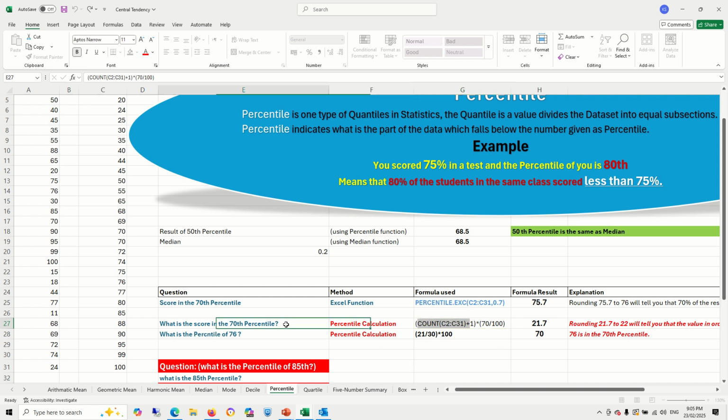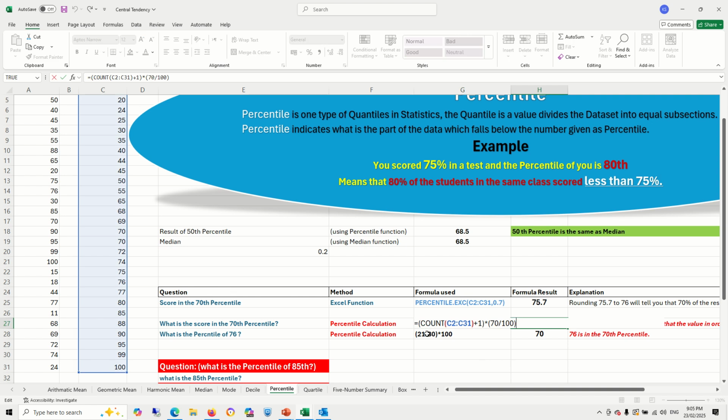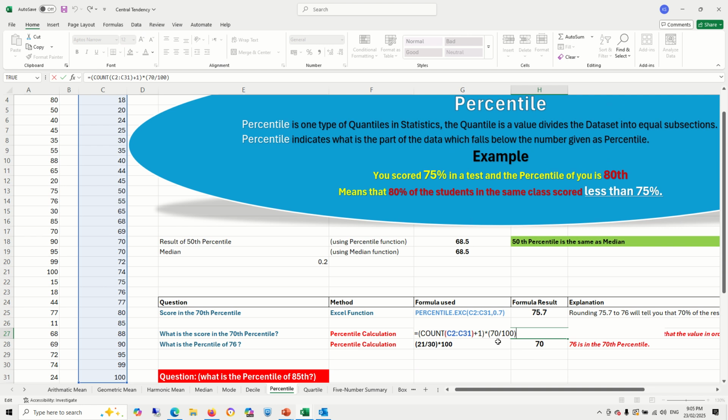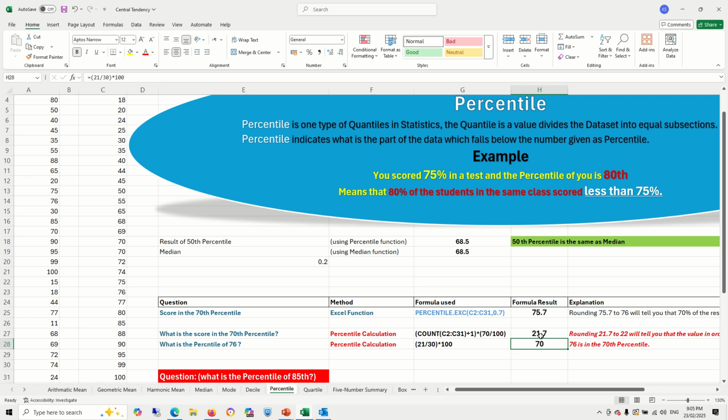So if we want to get the location of the 70th percentile, and we apply this formula as you see here, equals COUNT, so the number of all cells, plus 1, multiplied by 70, because we want the 70th percentile, divided by 100, it will give us as a result in location terms 21.7.